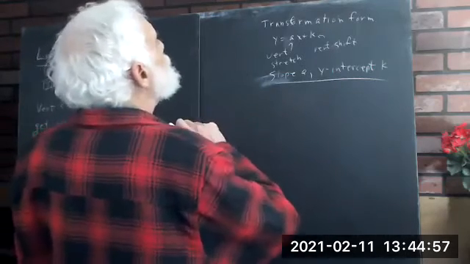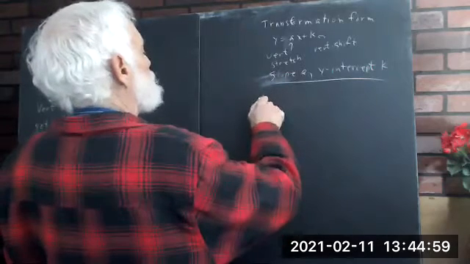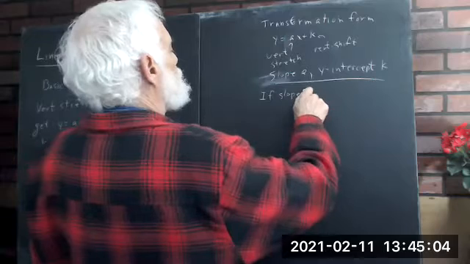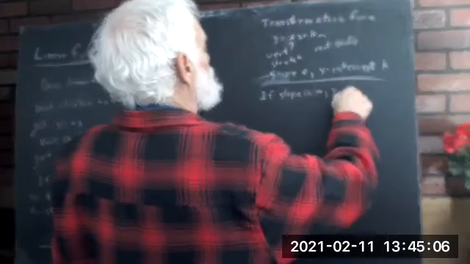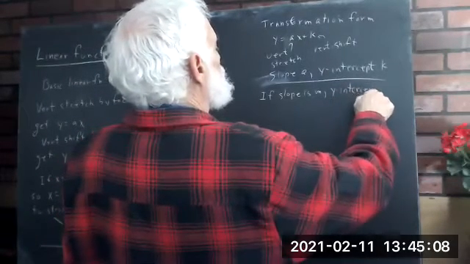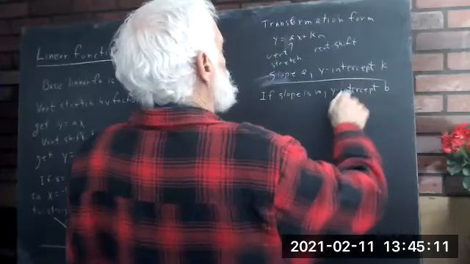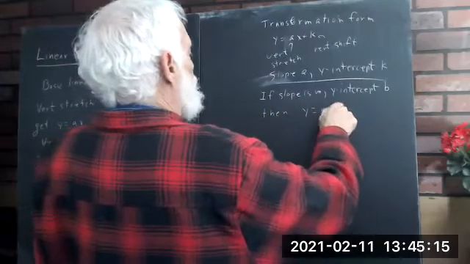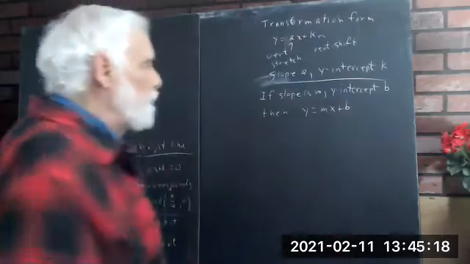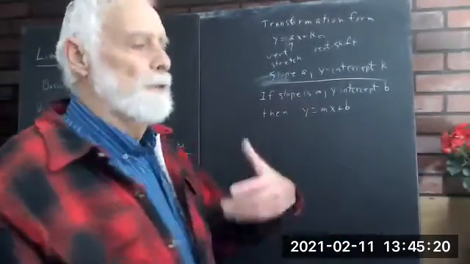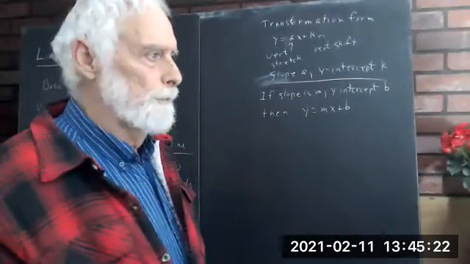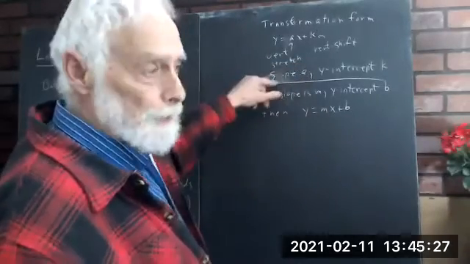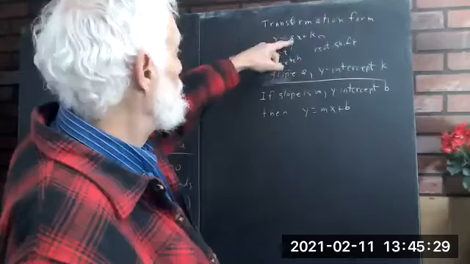Okay, now, if we use m for the slope, which is traditional, and b for the y-intercept, well, then m is going to replace a, because a is the slope up here.